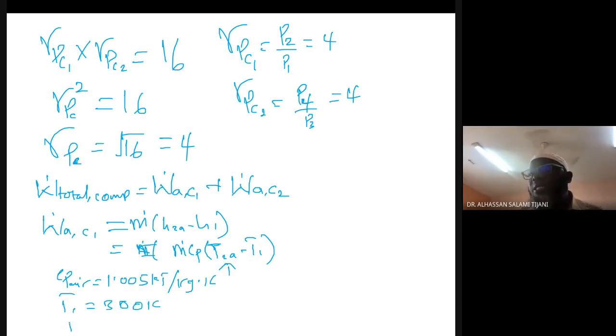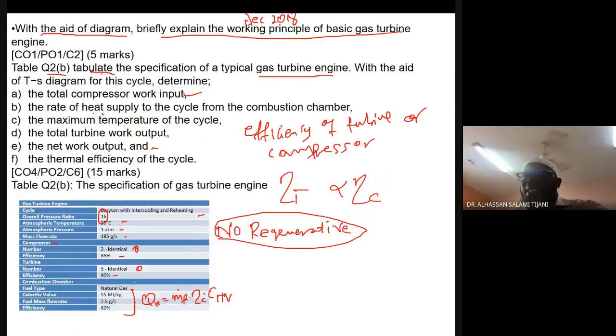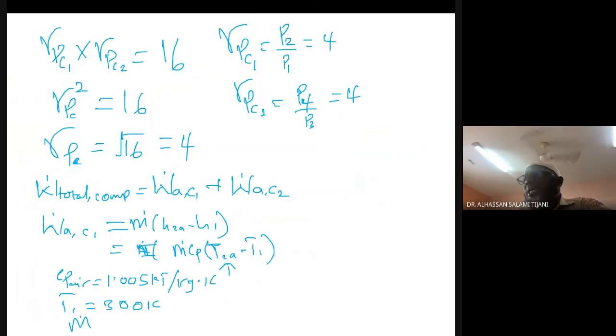The mass flow rate of the fluid is given: 185 grams per second. We have to express it in kilograms, so 185 grams per second equals 0.185 kilograms per second.